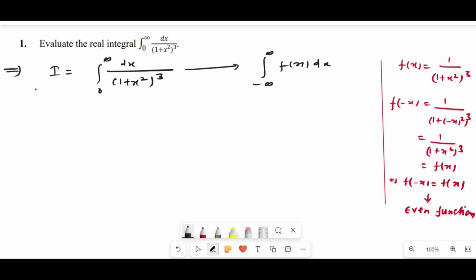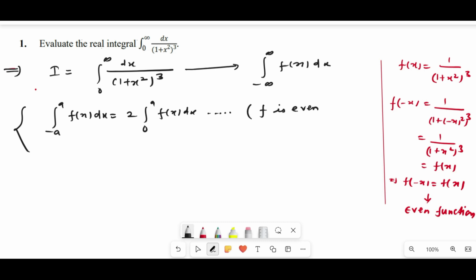And as we know, what is the property here? We will use that the integral from negative a to a of f of x dx is equal to 2 times the integral from 0 to a of f of x dx, if the function f is an even function.